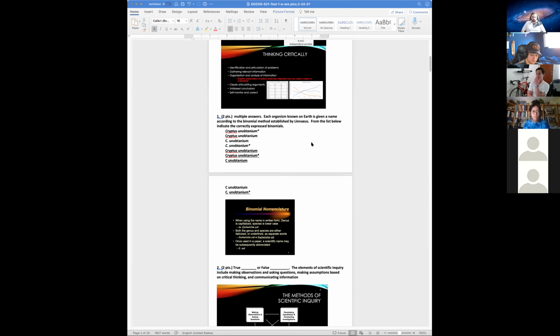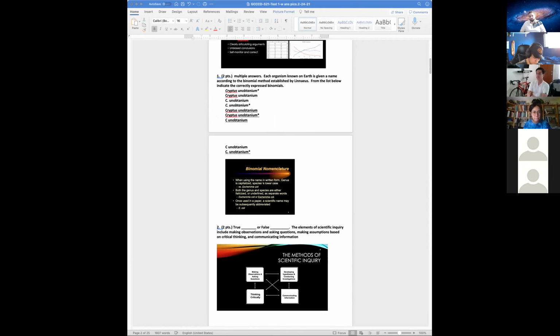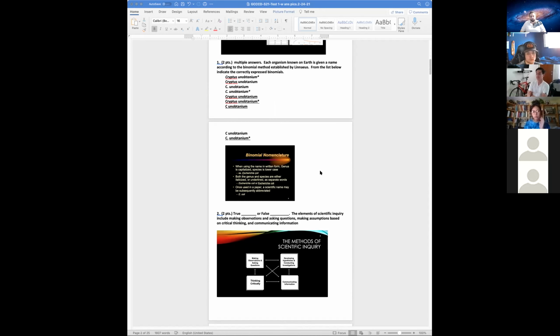The next one, it's about binomials. And we specifically talked about binomials. You can see a picture of the slide from there, which says exactly how binomials are used. When using the name in written form, genus is capitalized, species is lowercase, and they're either italicized or underlined.